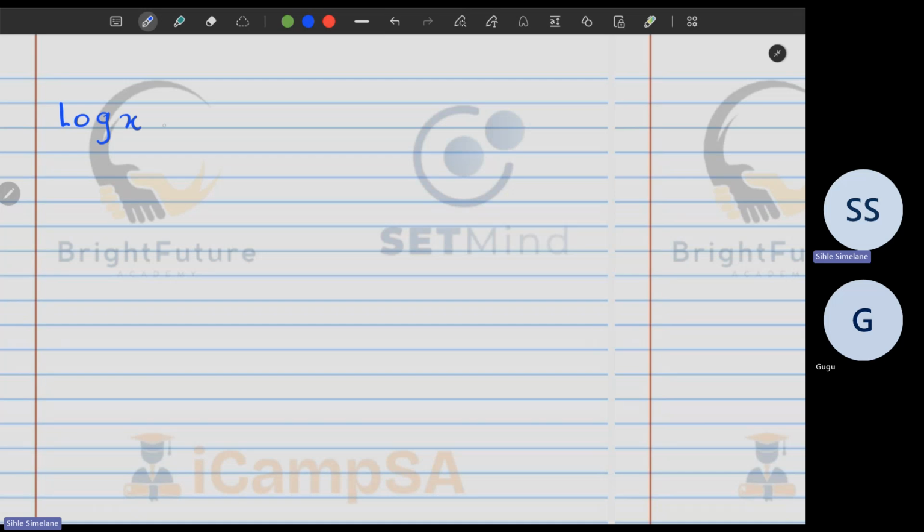What is assumed in your curriculum, we use a standard base of 10. So if you don't see anything here, what you should do is to use base 10 for log. That is what you do.